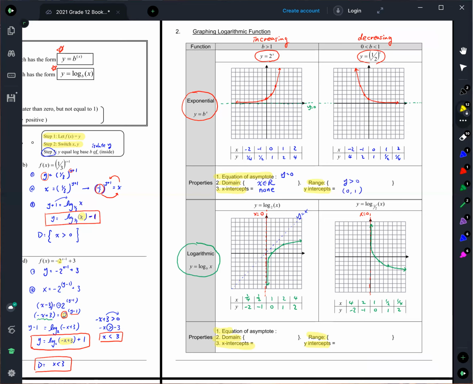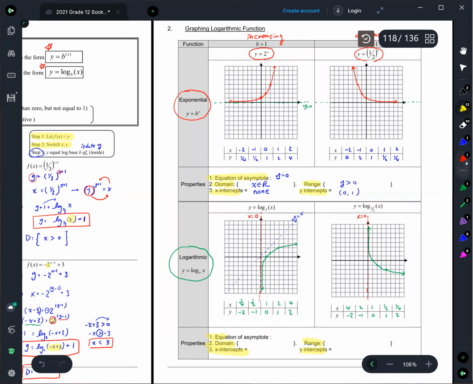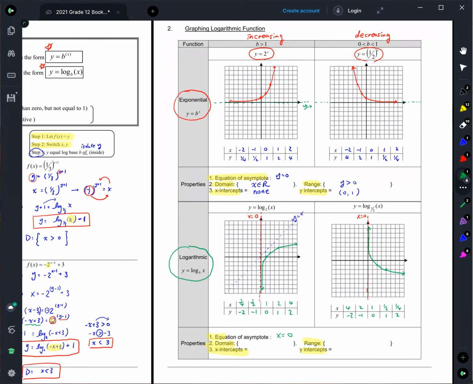Okay, Caleb, do you have the equation of asymptote? The asymptote should be x equal to 0, for both of them. All right, and Evan, what's the domain? Is it all real numbers? No, I almost got tricked. Look at the graph.